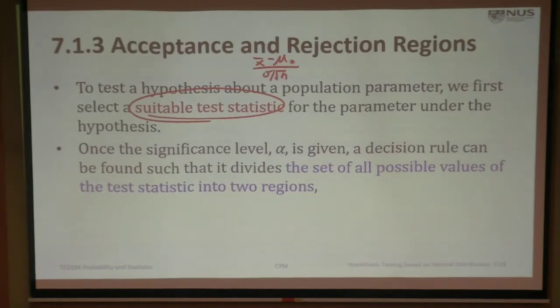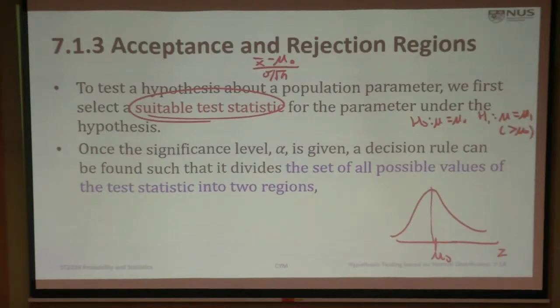So just now, you can see that this is Z. We said, okay, I test mu equal mu naught against mu equal mu1, where mu1 is bigger than mu naught. That means mu1 is somewhere here.